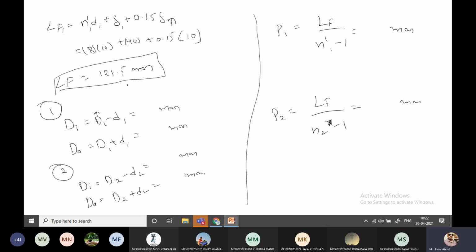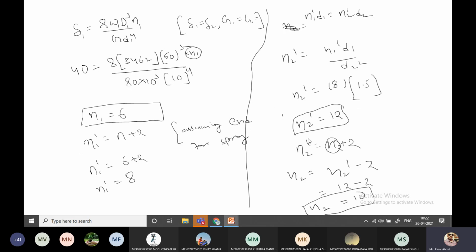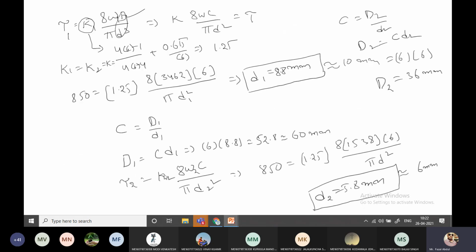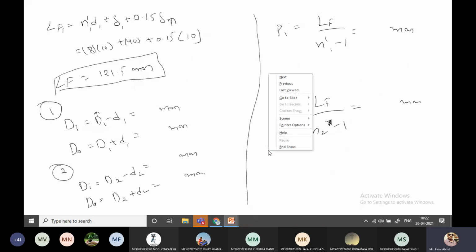D1 we got 60, 10. This is E1 equal to 17.3. Which one, Amma? This one. E1, sir.